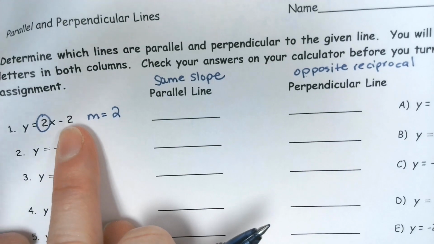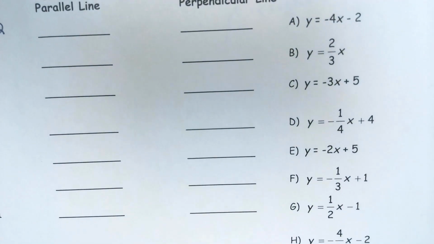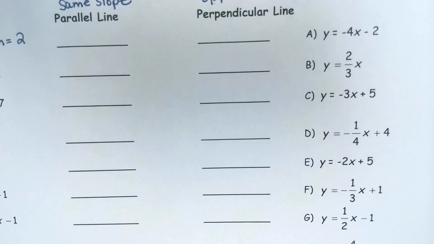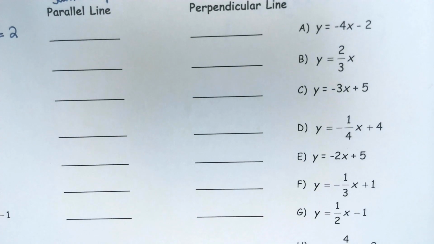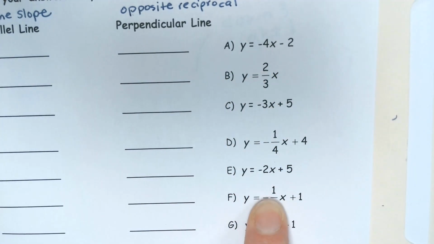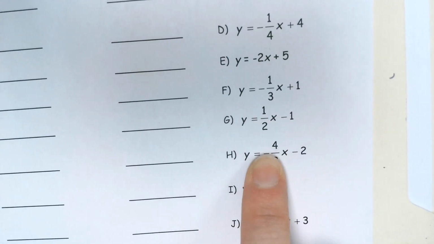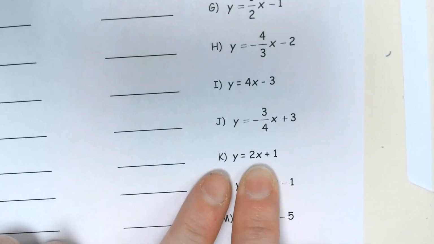So all we're looking for is on the alphabet column, you're looking for the equation that has the same slope of 2. So go down, looking for the one that has the same slope of 2. There it is.